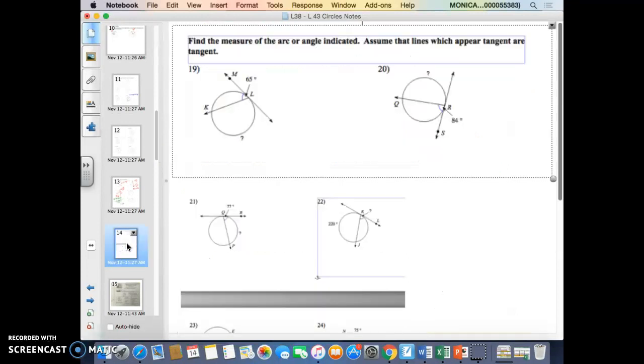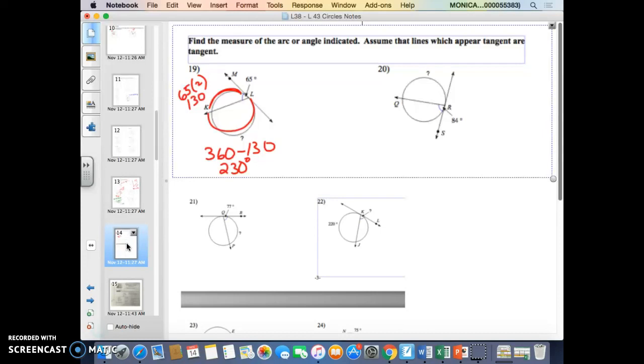Here's number 19. So again, if we know the angle measure is 65, well then the arc length here is going to be 65 times 2. And 65 times 2 is 130. But actually what we're looking for is this part here. So it's just a matter of taking 360 minus 130, which leaves you with 230 degrees.